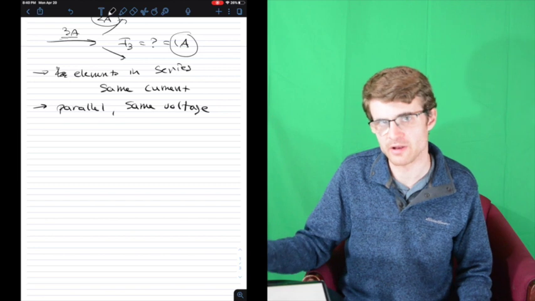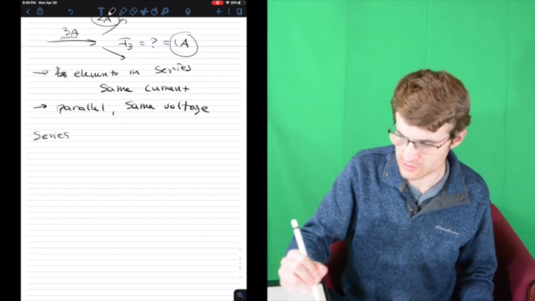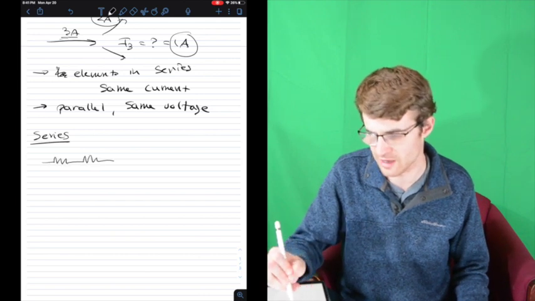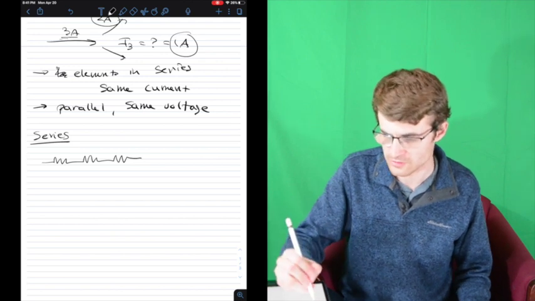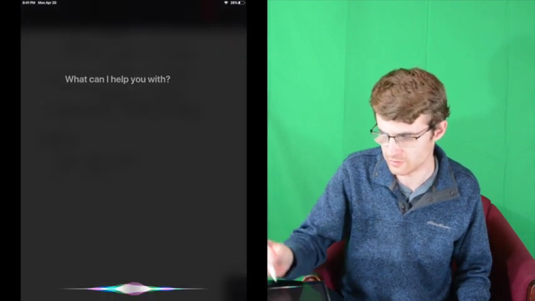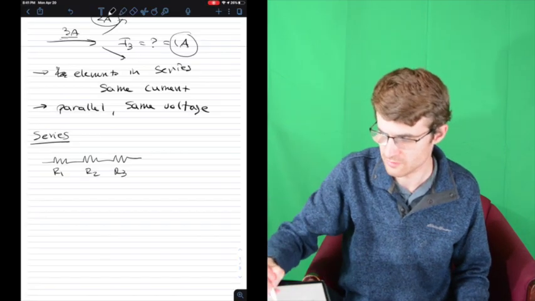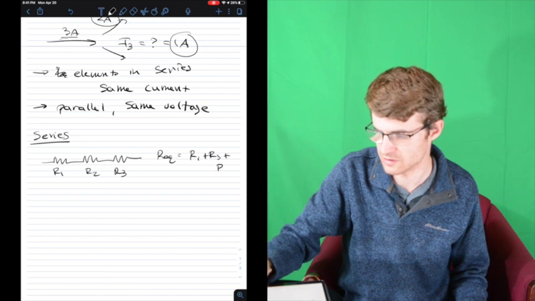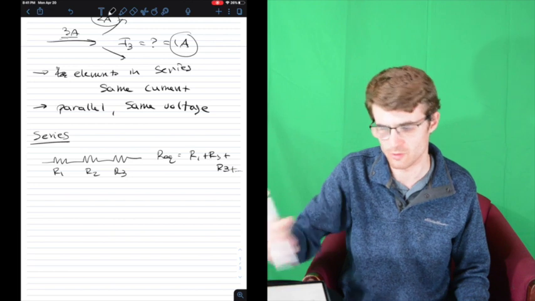So what do we mean by parallel or in series? So when we're reducing a circuit, we have to be able to spot these. Series means that one element comes after the next, and that all the current going through one element goes through the next one as well. And so if I have R1, R2, and R3, like this, then we say that the equivalent resistance of those is just the summation of those three resistors, or however many are there.